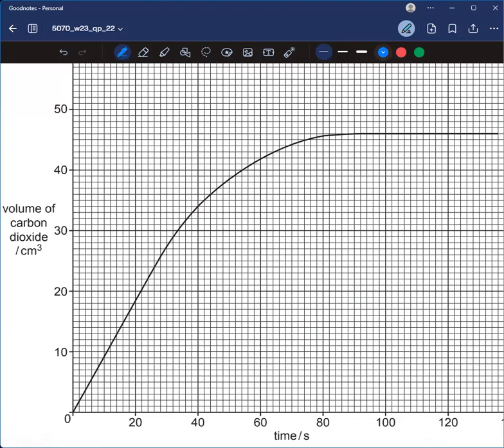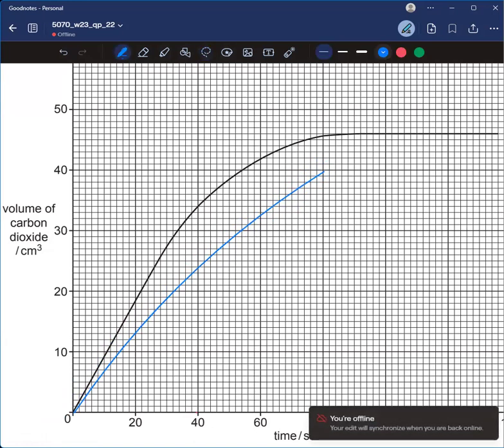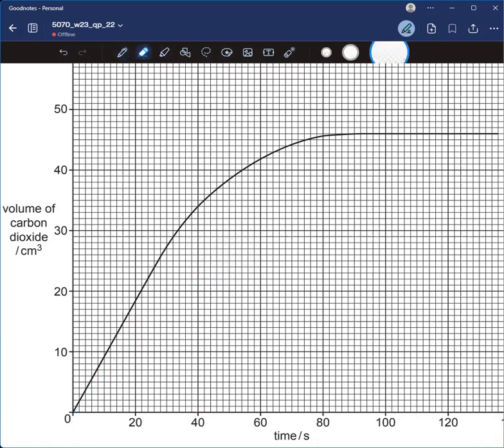So I would draw it like this. How could I draw it again.